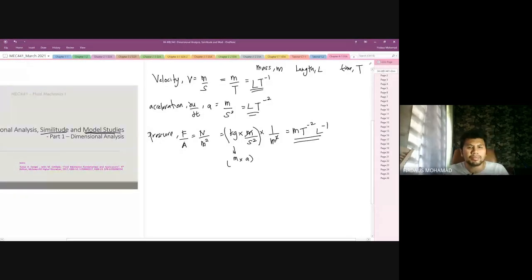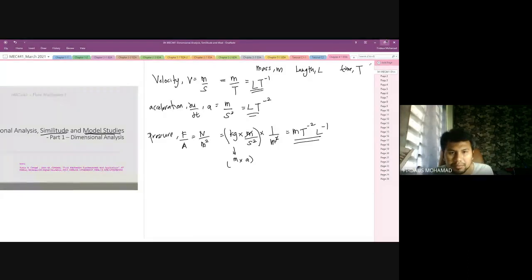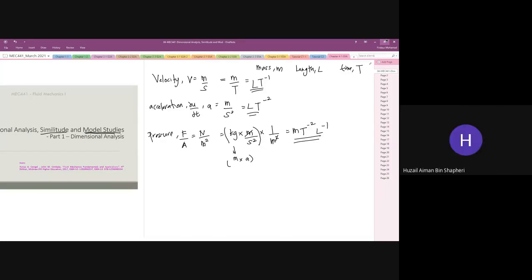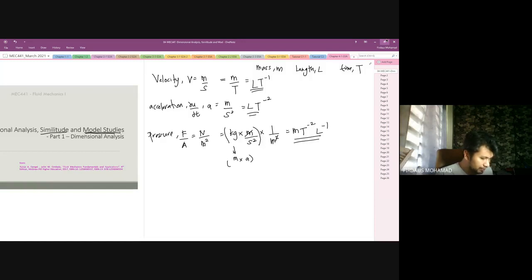It is common, in order to run the experiment, that we come out with a model. A model means it is exactly the same as the actual, but scaled down. So why are most models scaled down? Who has an idea? For a car or an aeroplane, the model is scaled down. Why? Saves cost. Okay, saves cost. Also, easier to calculate.